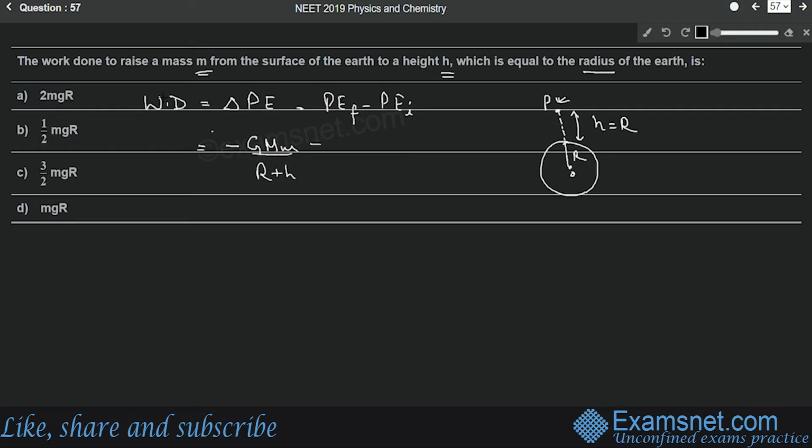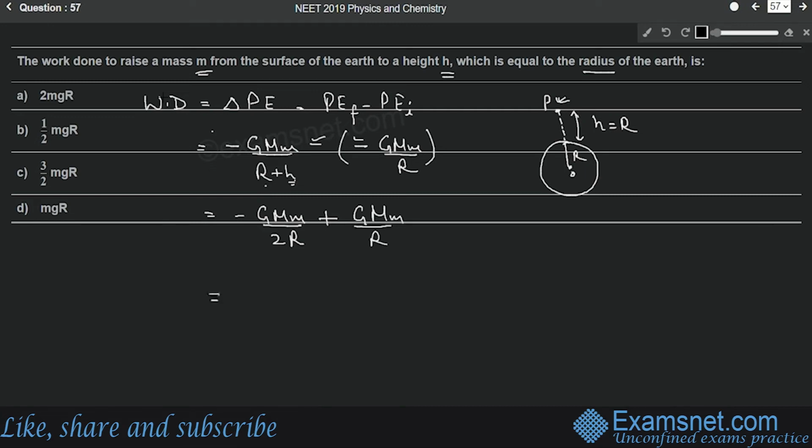Minus initial potential energy, that means minus GMm divided by R only. Here we know that h is equal to R. So minus GMm by R plus R, which will be 2R. Minus minus will become plus. Here we have GMm by R.